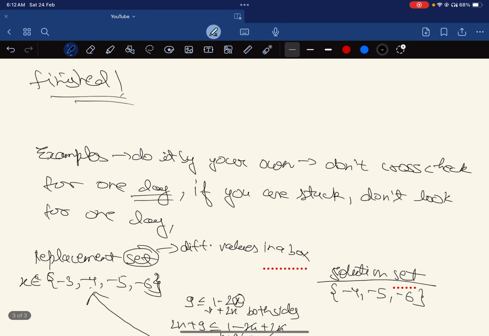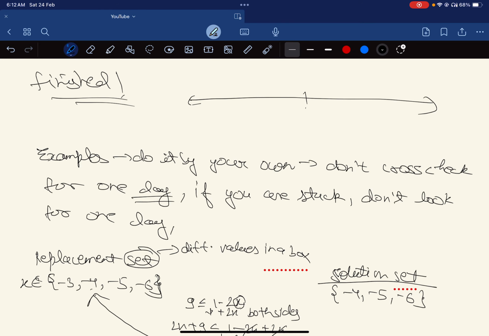Absolutely, sir. We'll say this is the number line: 0, 1, 2, 3, 4, -1, -2, -3, -4, -5, and -6. To plot that, we'll just dot the values, bold dot.